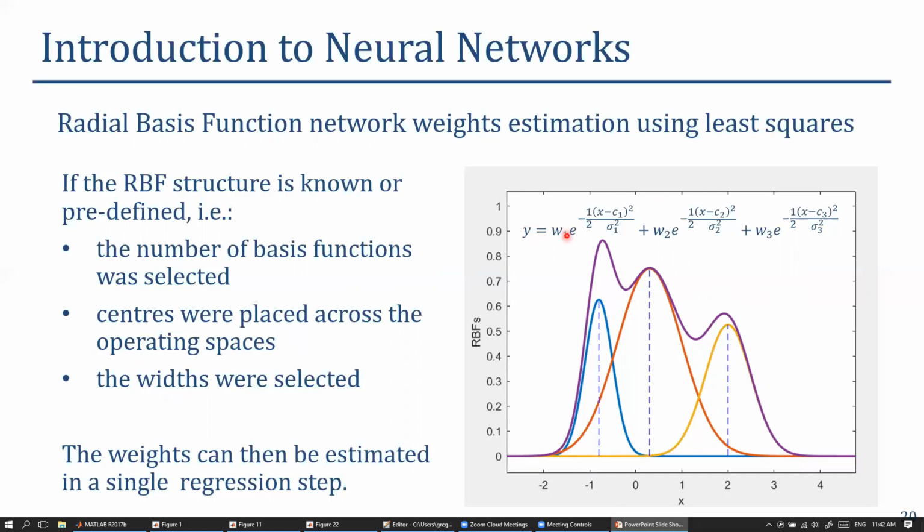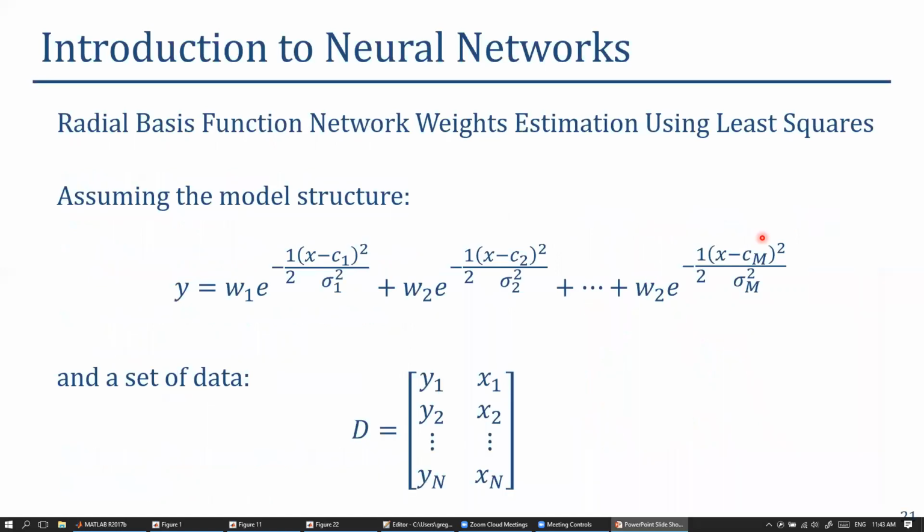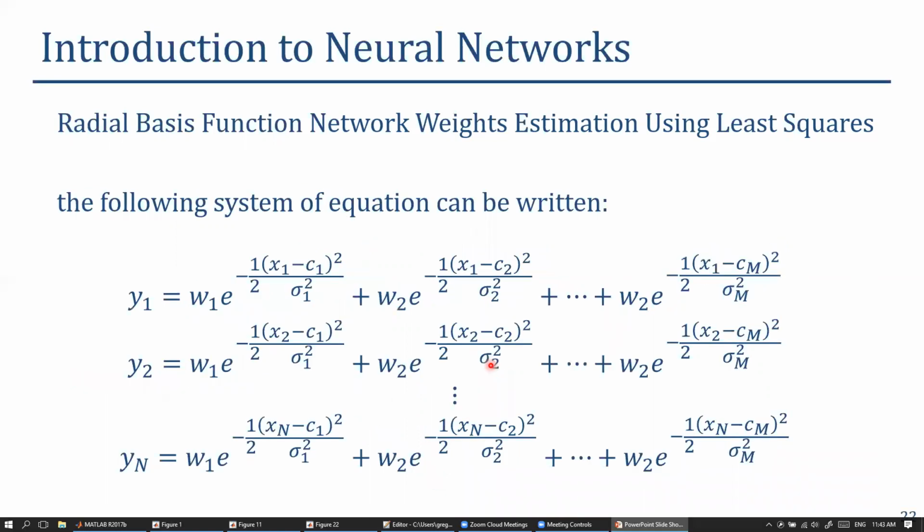And then we try to find the weights in a way that they approximate the data as well as possible. So if you write the neural network in an equation like that, and if you have a set of data, then what happens is we go and for each data point, we write down the equation of the neural network, like this, for the first data point, second data point, and the last data point, okay?